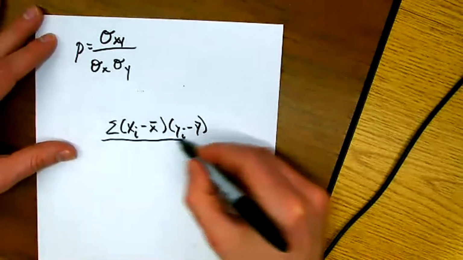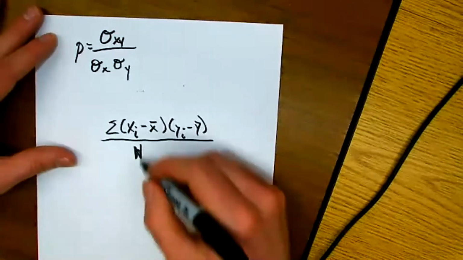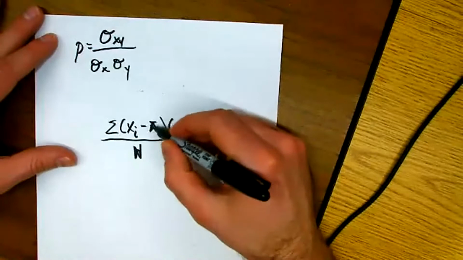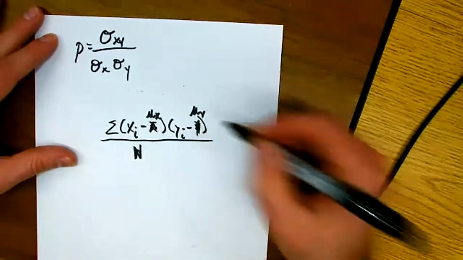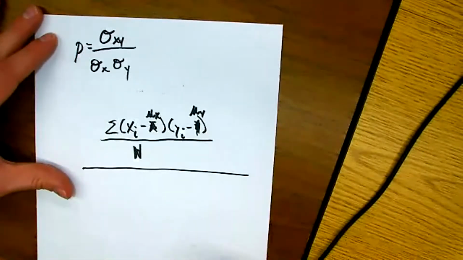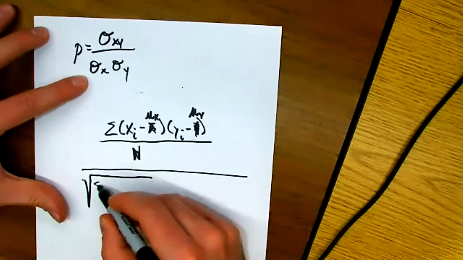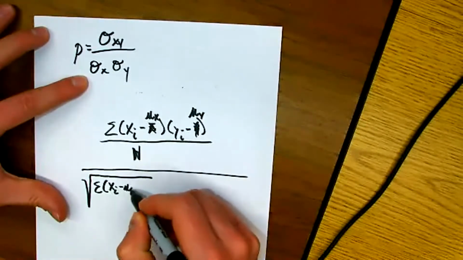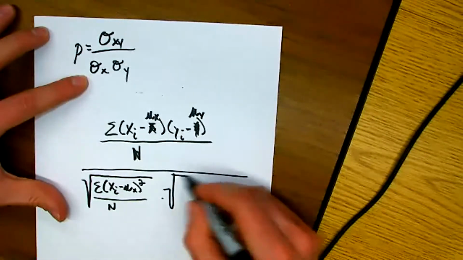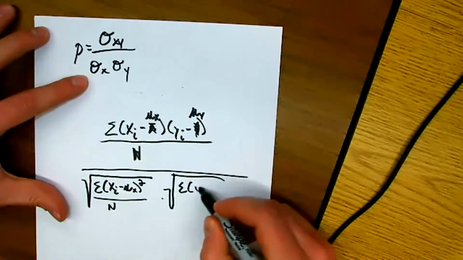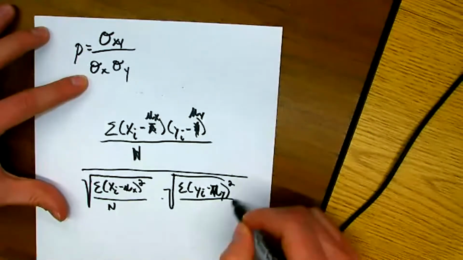And then we divided by, here I'm using the population, so I should technically write this as mu of x and mu of y. We'll then divide by the standard deviation of each variable. So we've got the square root of the sum of x minus the mean of x squared over n, times the square root of the deviations from the mean y over n.